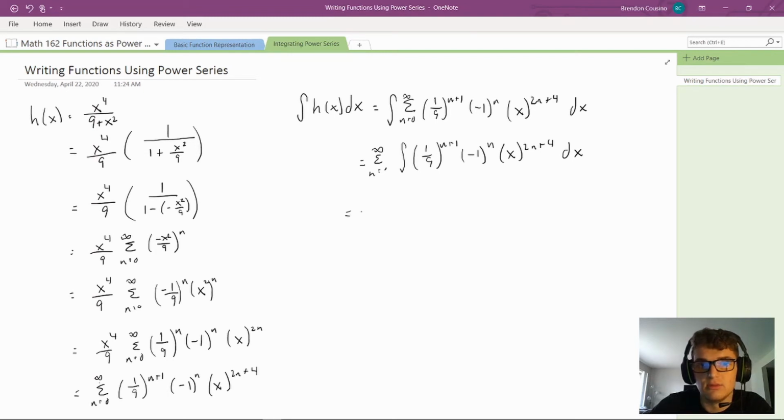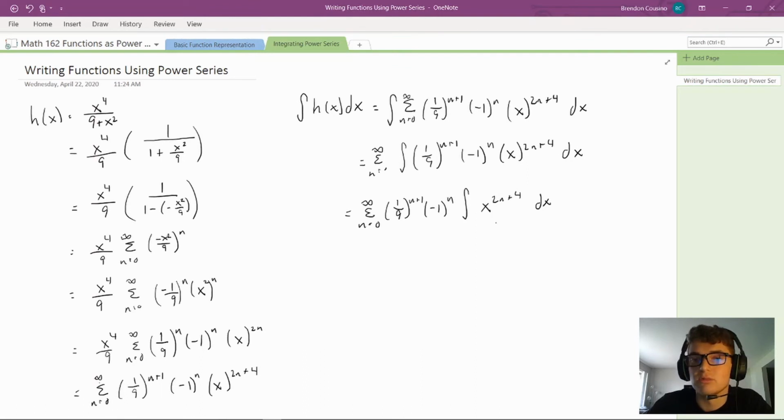So this is equal to the summation as n is equal to 0 to infinity of 1 over 9 to the n plus 1, negative 1 to the n, times the integral of x to the 2n plus 4 dx. Now we just want to integrate this like a normal integral, where we raise the power by 1 and then divide by the new power.